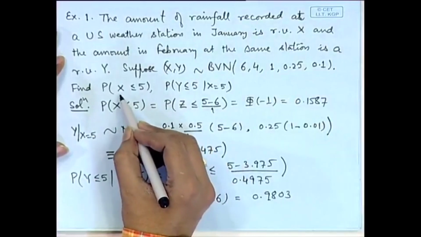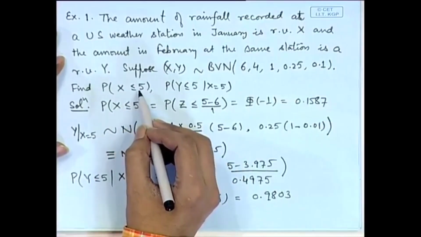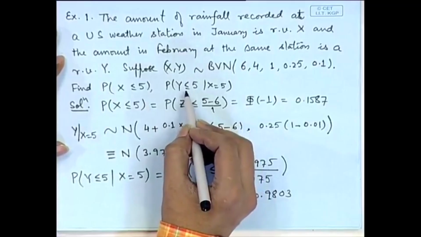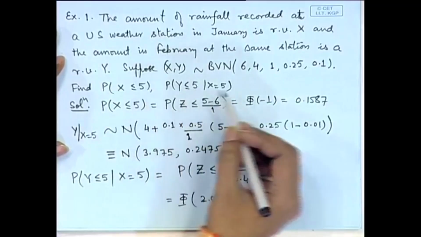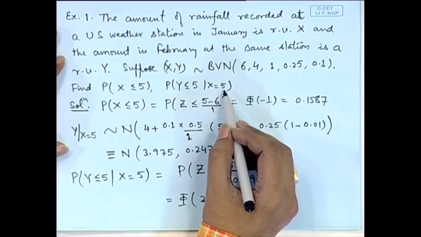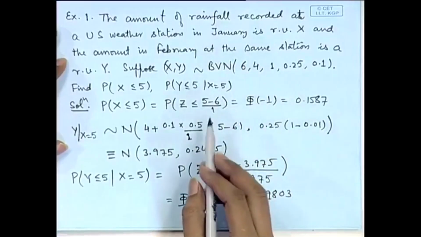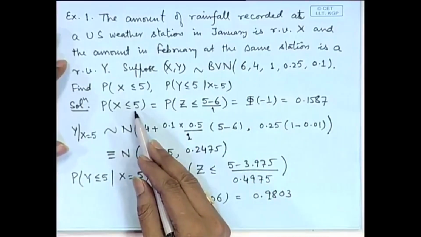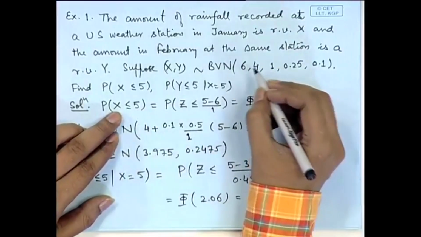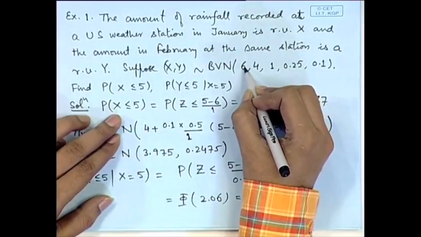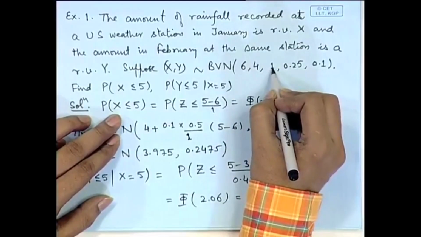We are interested to calculate the probability that x is less than or equal to 5, or the probability of y being less than or equal to 5 given that x is equal to 5. Notice here the probability of x less than or equal to 5 can be calculated from the marginal distribution of x, which has mean 6 and variance unity.